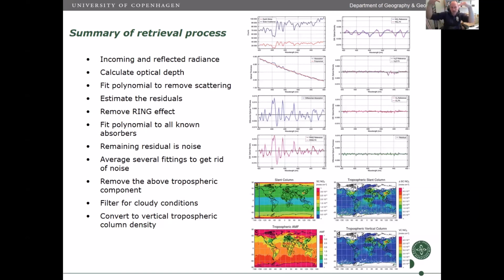So we need to convert this slant column into the actual vertical concentration of the trace gas. We then use a model converting the slant into the vertical, and when applying this model, we get the actual concentration that is straight above each pixel here. And we finally have our product of tropospheric nitrogen dioxide.